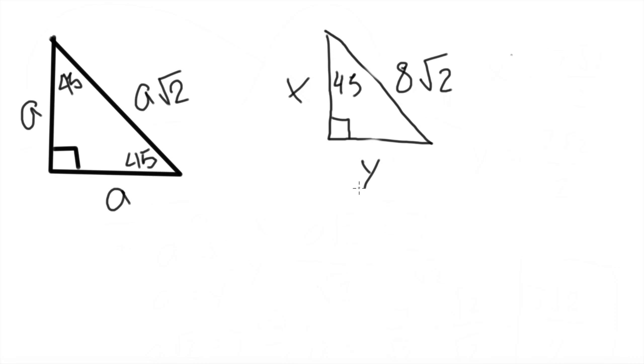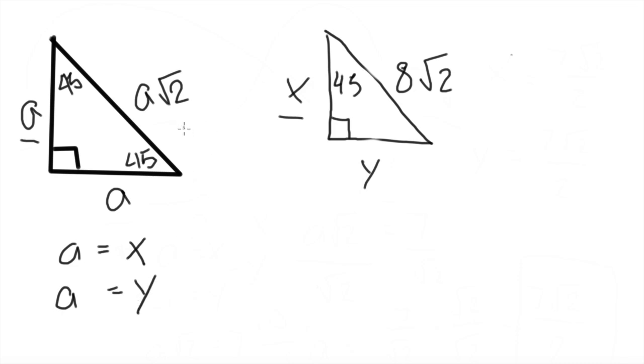Okay, so we're going to start this problem by setting each of the sides we know are equal to each other. So a and x are equal, so we're going to do a is equal to x. We also know that a and y are equal, so we're going to do a is equal to y.